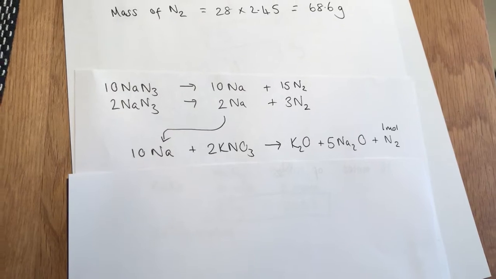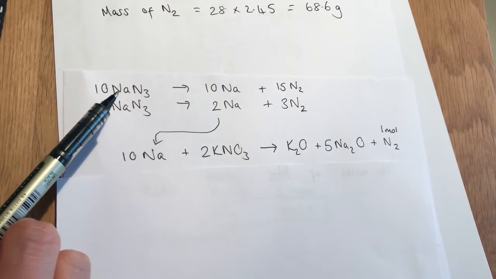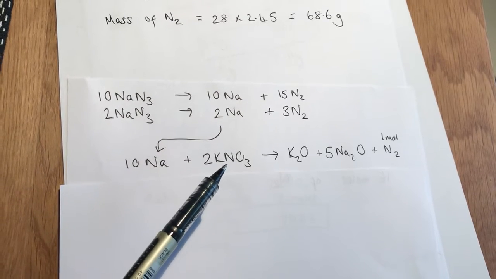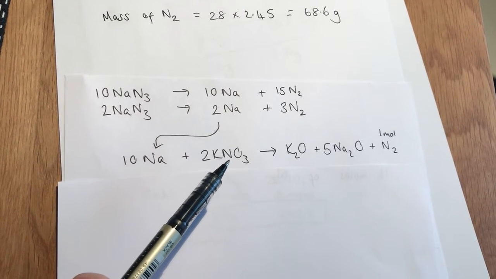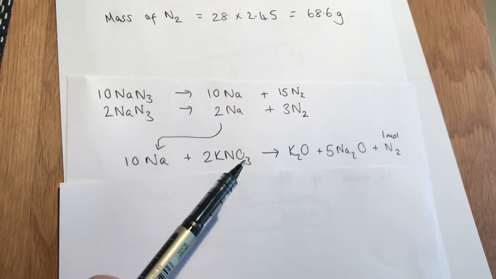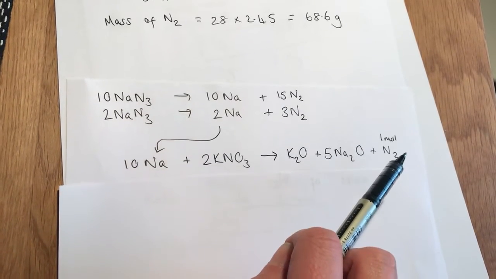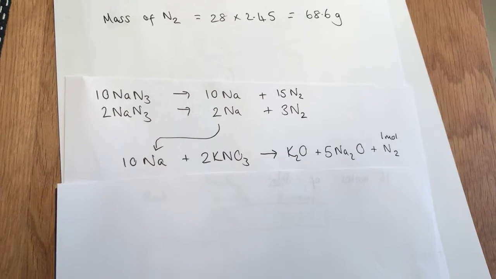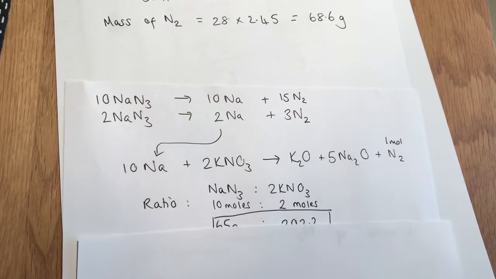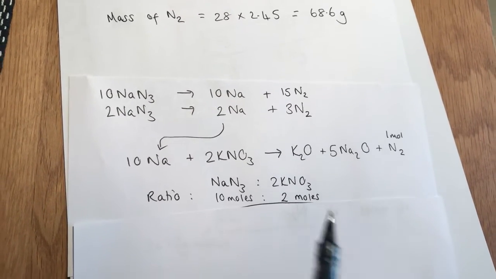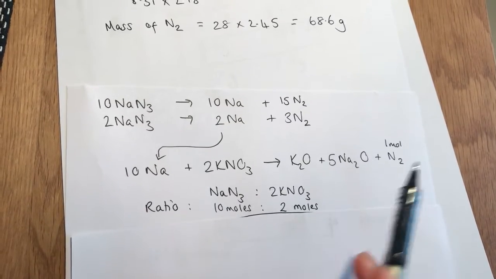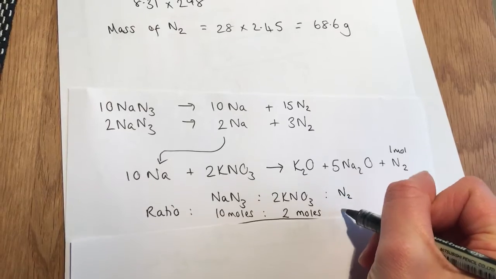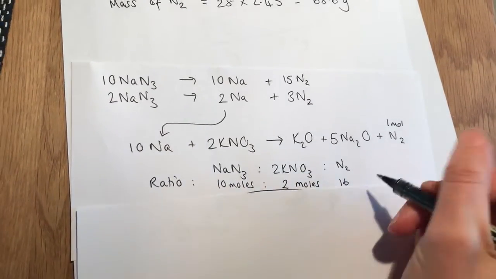So if we start with 10 moles of sodium azide and 2 moles of potassium nitrate, together we will have 15 plus 1 moles of nitrogen produced, so the ratio is to 16 moles of nitrogen.